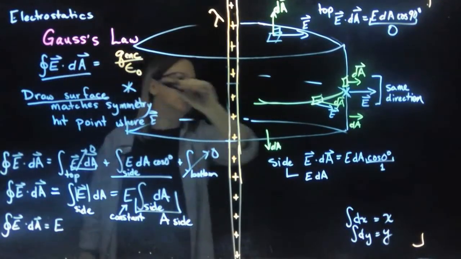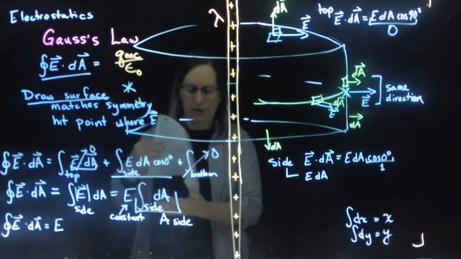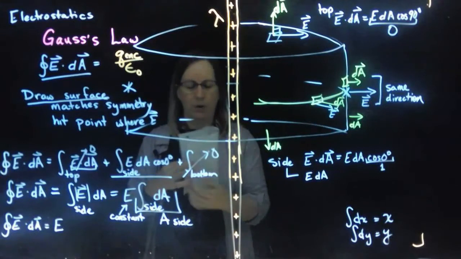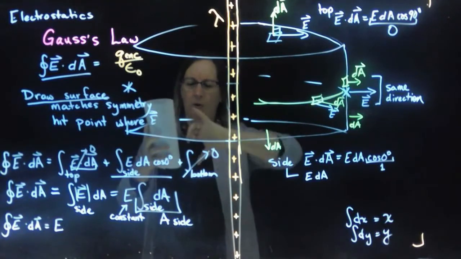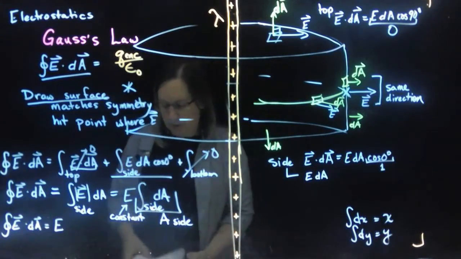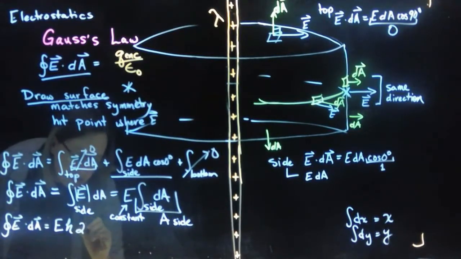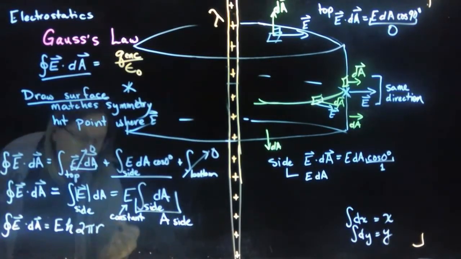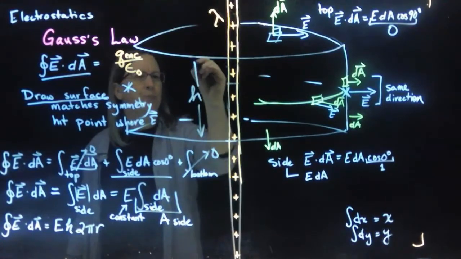Okay, so this is a cylinder. It's like a piece of paper that's rolled up in a cylinder. It's just the side. So to find the area, it would be the height times the circumference. The circumference is 2 pi r, and h is this height right here.